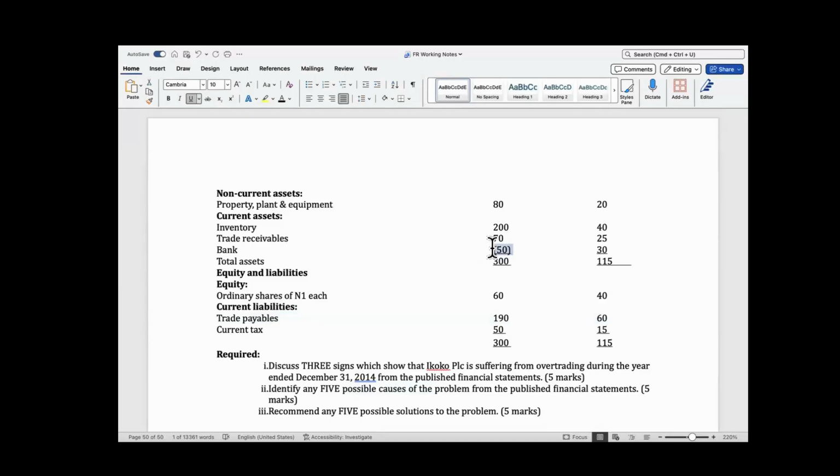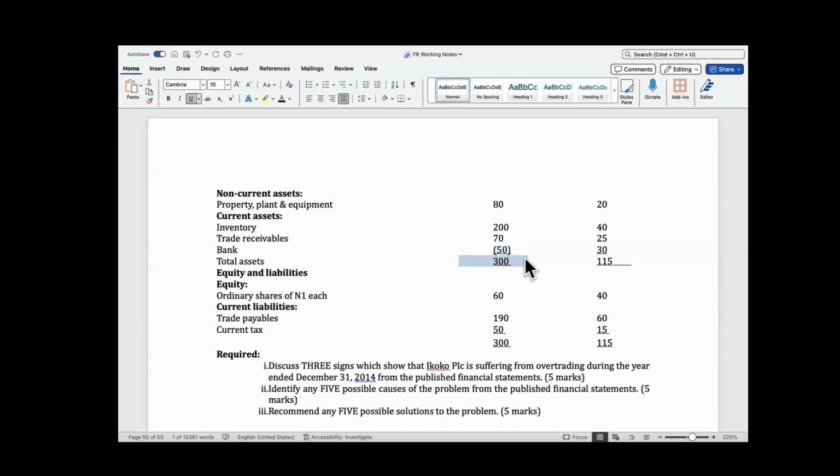Number two is when the company is not well capitalized. So when your capital is 60 and your assets are 300, you're not well capitalized.